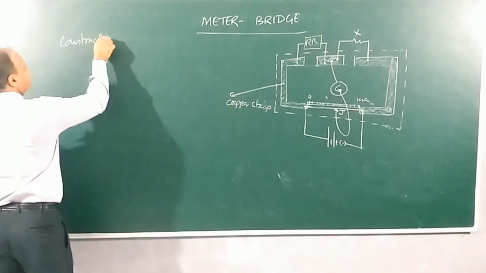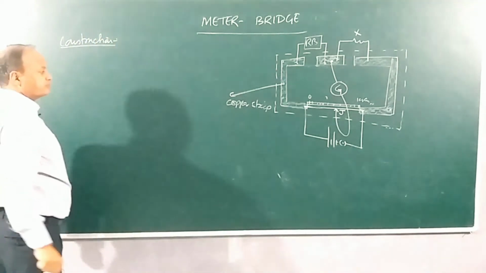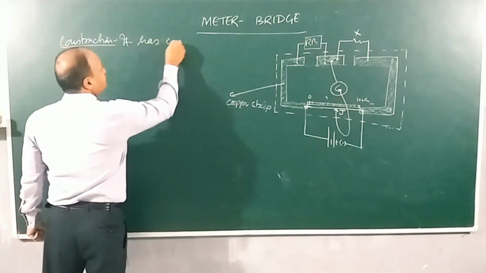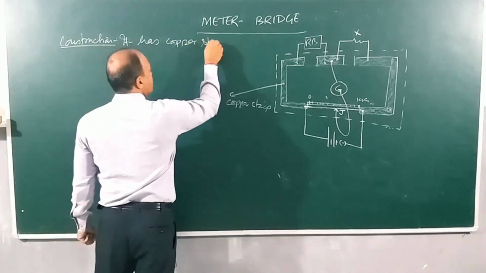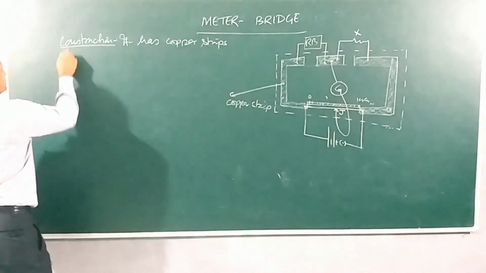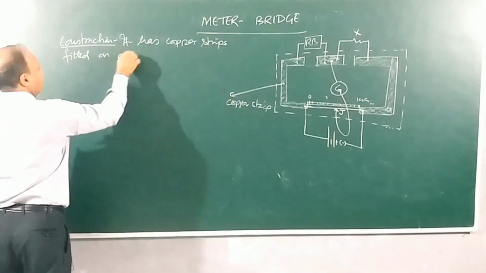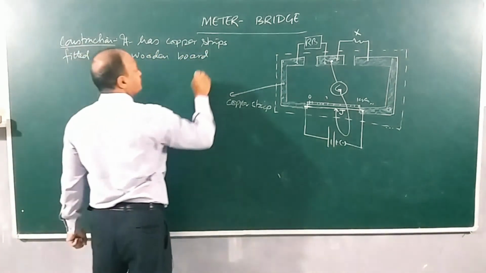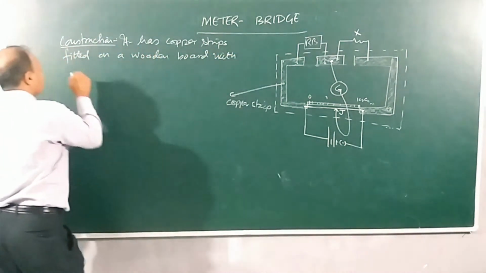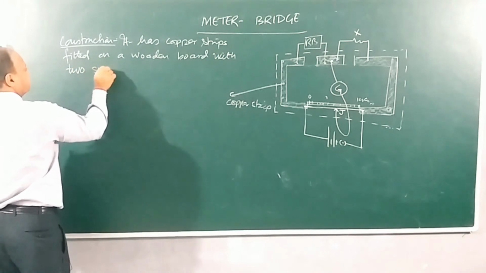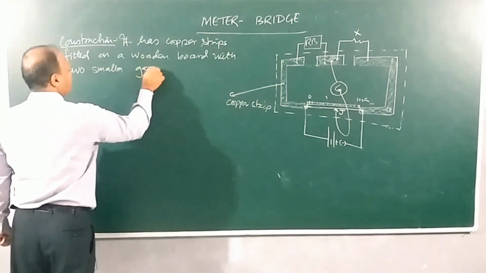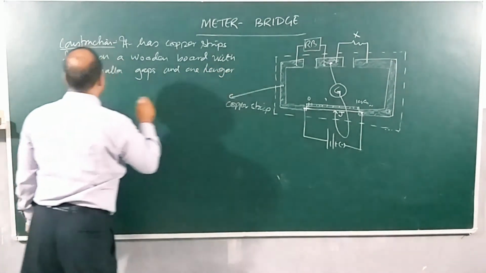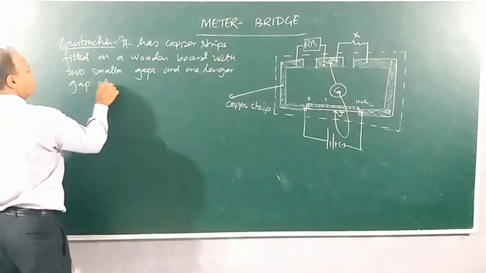So construction: it has copper stripes fitted on a wooden board with two smaller gaps and one larger gap of 1 meter.